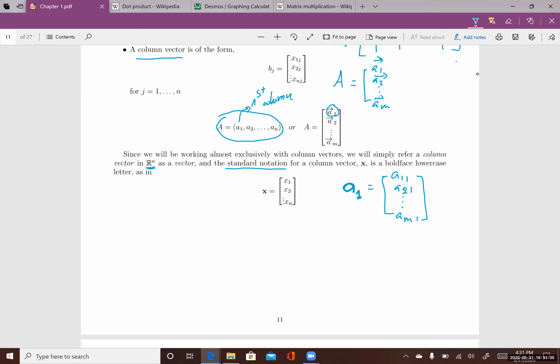All right, so it's just the first column vector of the matrix A, and if you have n columns, then you should have n column vectors in matrix A.